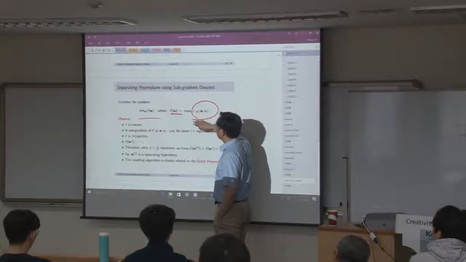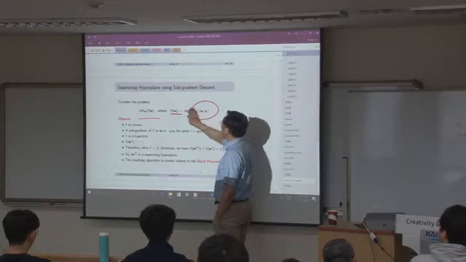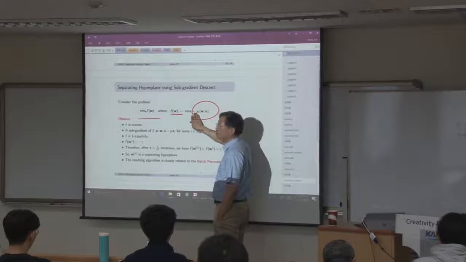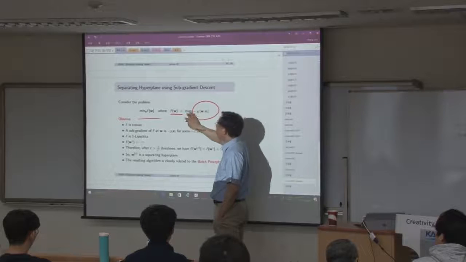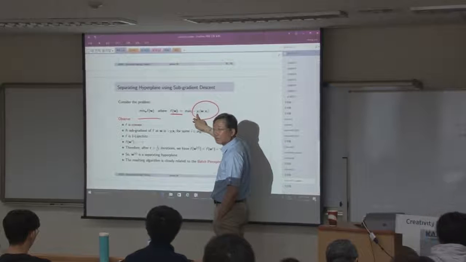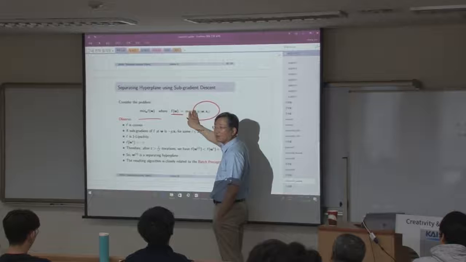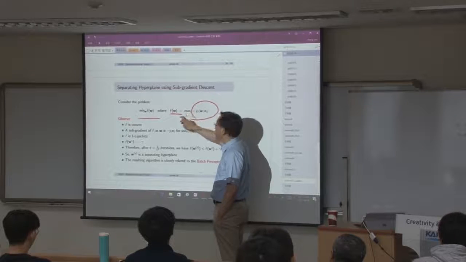If it's correctly classified, what is this value right here? Negative value, so I don't really have to worry about that. But if it's incorrectly classified, then this value is negative, minus, so it's a positive value.